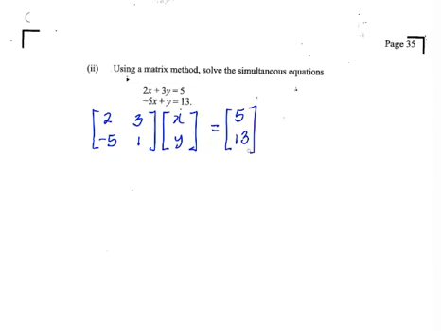Now, this is of the form AX is equal to B, where A, X, and B are matrices. To solve a matrix equation of this form, you write X and multiply the right hand side by A inverse. So X is equal to A inverse B. So in order to solve, I must find A inverse.